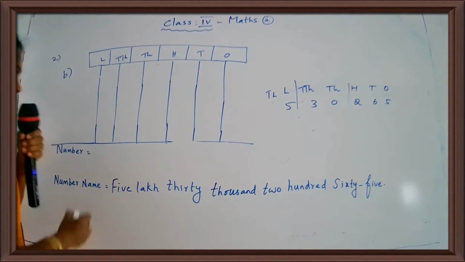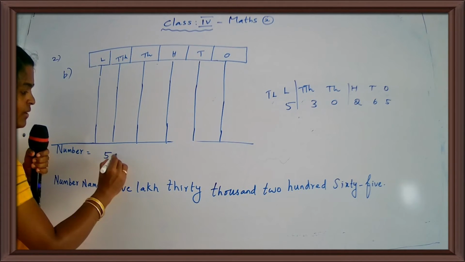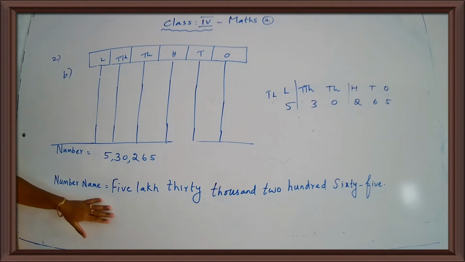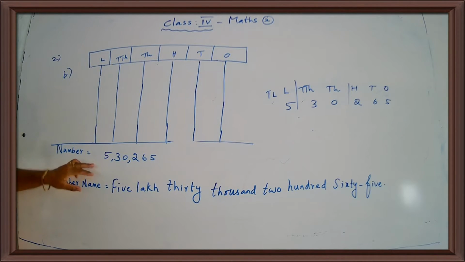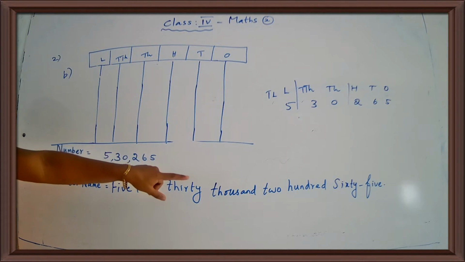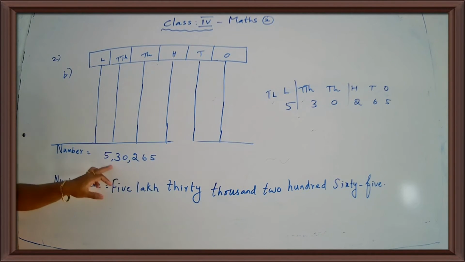So your answer is 5 lakh 30,265. In your question, what is given? Number name is given. So first of all, you write in numerals. So 5 lakh 30,265.